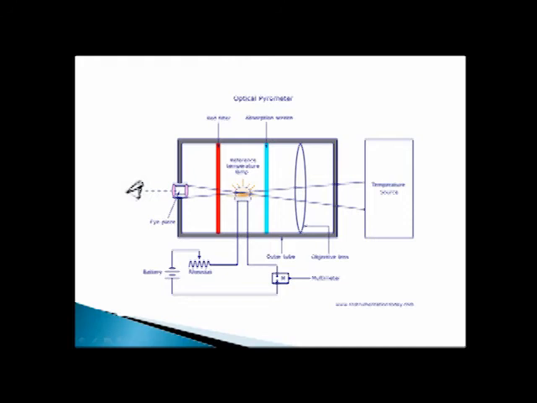The reference temperature is produced by a lamp whose brightness can be adjusted till its intensity becomes equal to the brightness of the source object. For an object, its light intensity always depends on the temperature of the object, whatever may be its wavelength. After adjusting the temperature, the current passing through it is measured using a multimeter, as its value will be proportional to the temperature of the source when calibrated.